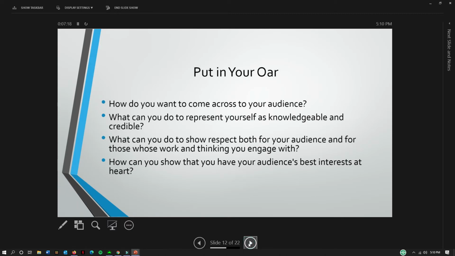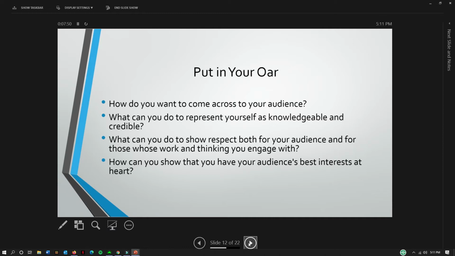So what putting in your oar means is that you're working with all these other people who, you can't see me, but I'm doing an oar motion right now. You're working with all these other people who think and believe the way that you do. You're putting in your oar with them to try and win this race against other people who don't think the way that you do. So that's what thinking and writing rhetorically is.